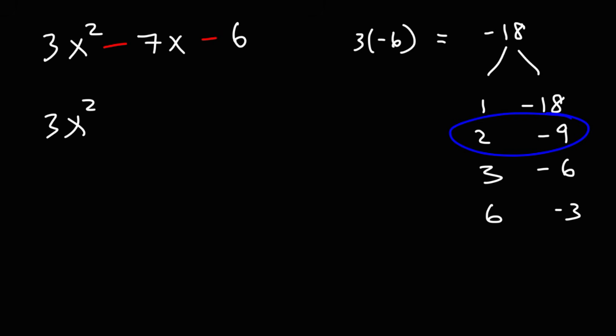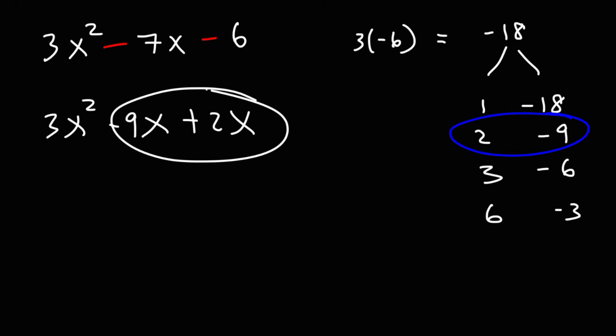So we can replace negative 7x with positive 2x and negative 9x, or we can reverse it and write it as negative 9x plus 2x. In either case, these two still add up to negative 7x. But I chose to put it that way because when factoring by grouping, it's just going to be a lot easier, in my opinion.